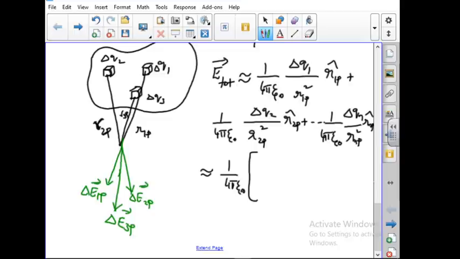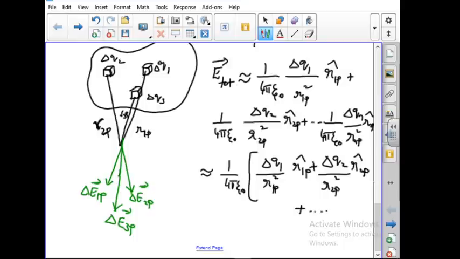This is the general expression, and we can write it as delta q1 by r1p squared into r1p cap plus delta q2 by r2p squared into r2p cap plus etc., delta qn by rnp squared into rnp cap.